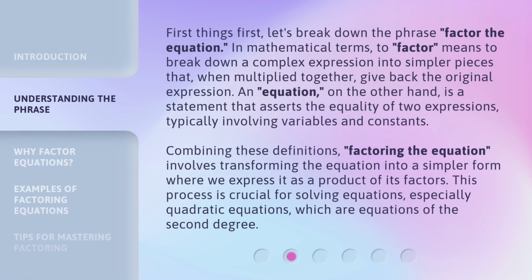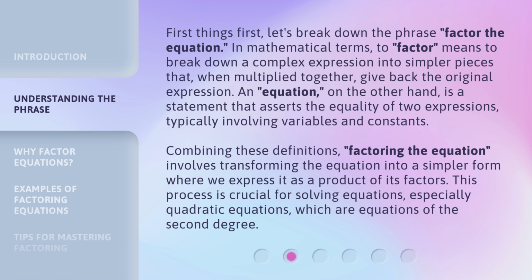First things first, let's break down the phrase, factor the equation. In mathematical terms, to factor means to break down a complex expression into simpler pieces that, when multiplied together, give back the original expression. An equation, on the other hand, is a statement that asserts the equality of two expressions, typically involving variables and constants.